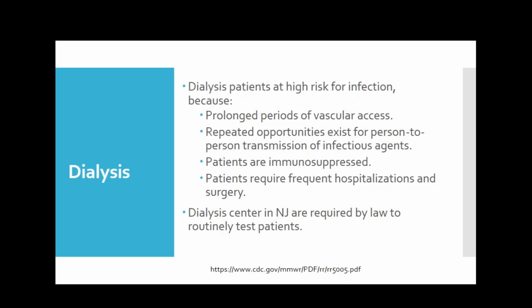It's recommended that dialysis patients should be tested upon admission to the dialysis facility for ALTs and anti-HCV. If negative, they should be tested monthly for ALTs and every 6 months for anti-HCV. If there's a noticeable spike or rise in ALTs, it's recommended that anti-HCV testing be done.